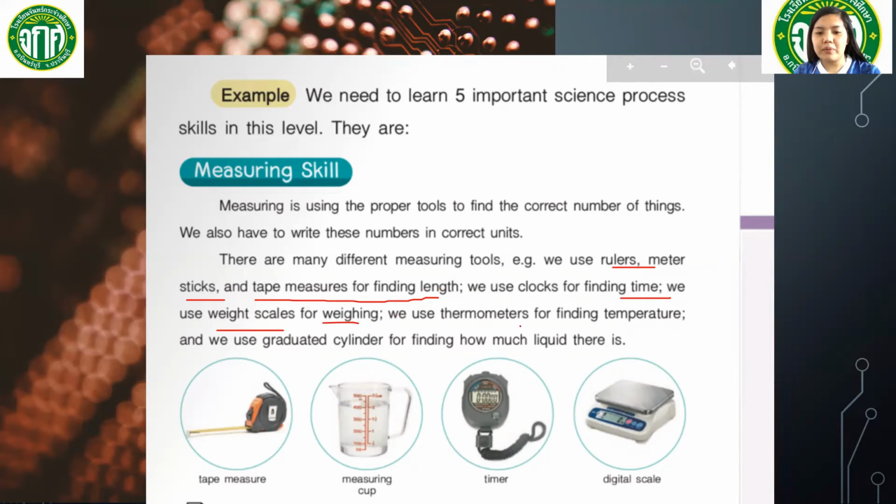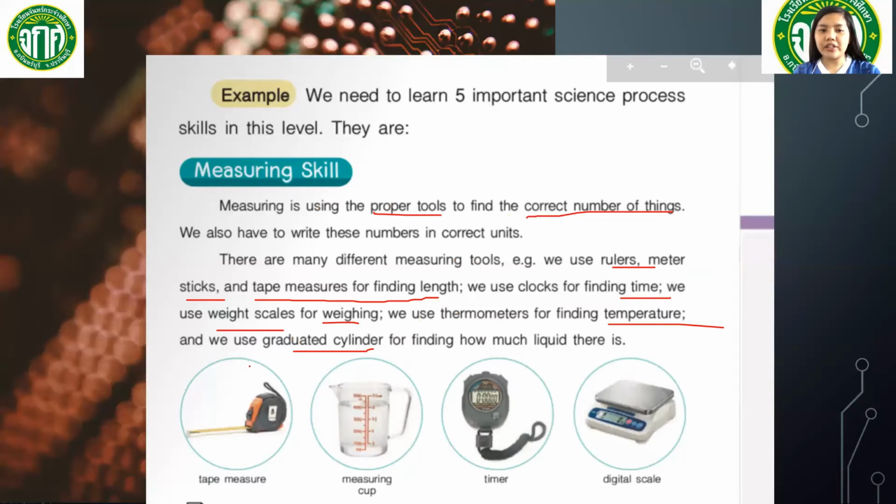We use thermometers for finding temperature. And we use graduated cylinder for finding how much liquid there is. So again, measuring skill is using the proper tools to find the correct number of things.